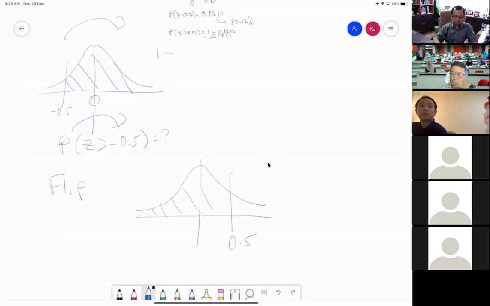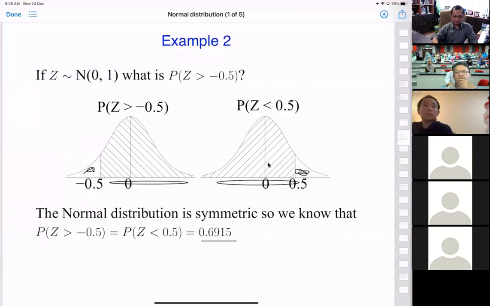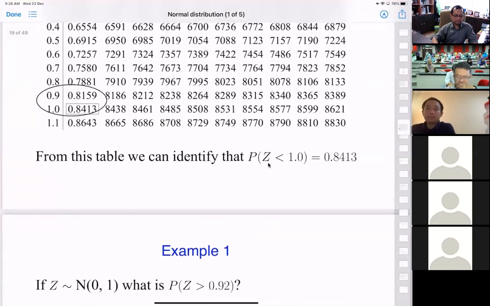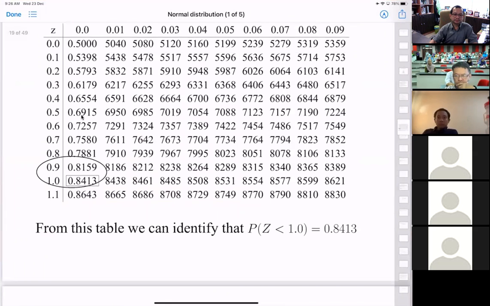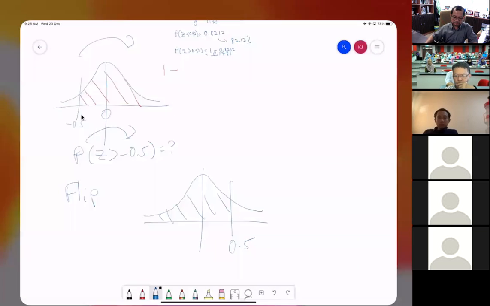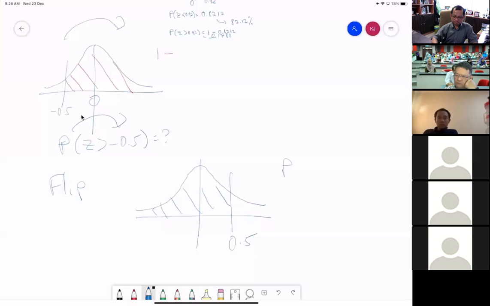We read from the table. 0.5 is 0.6915. So 0.6915 is the same as this one.